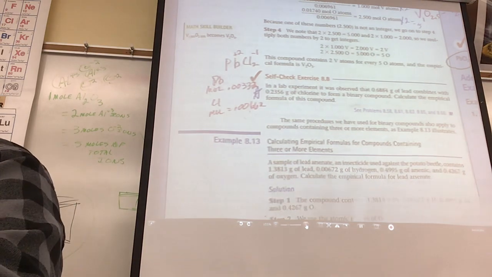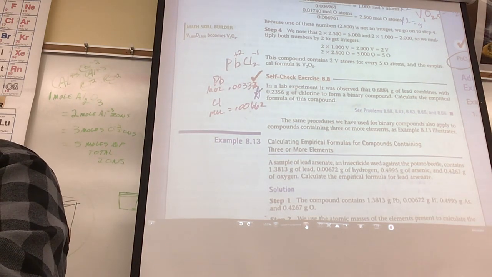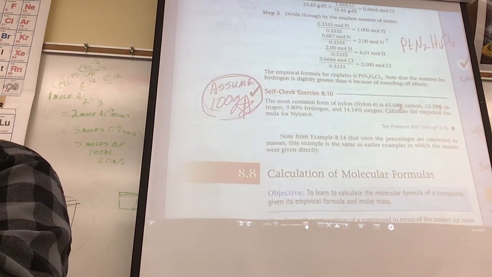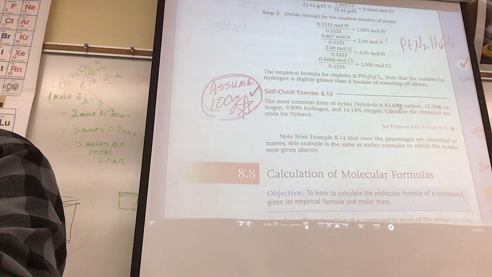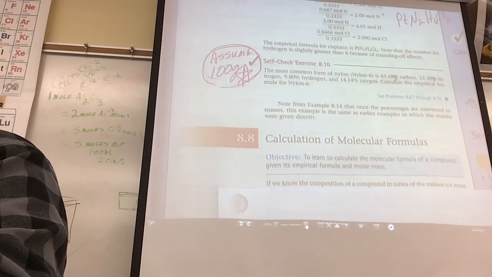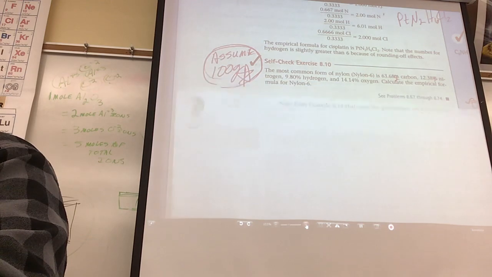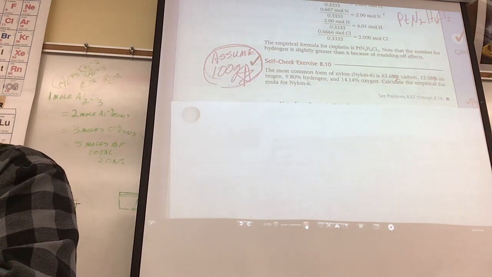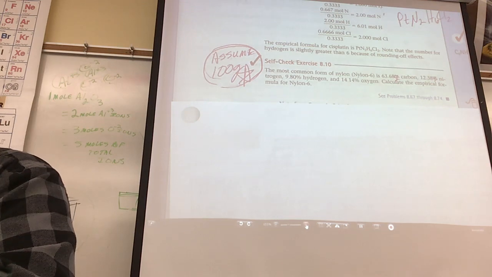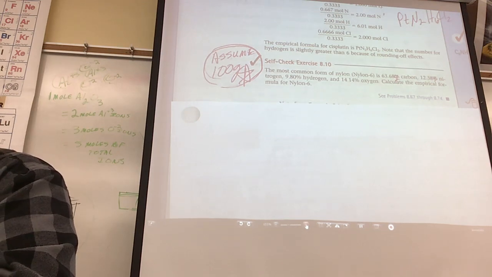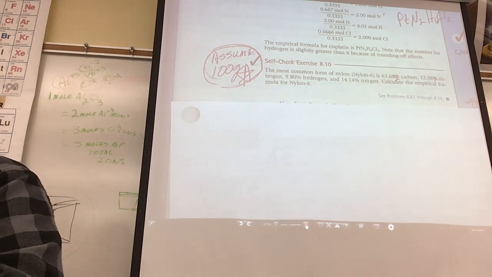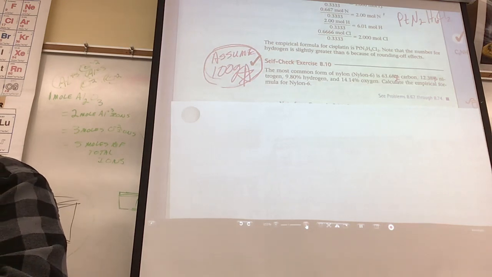All right, so I'm going to show you a problem you've never seen before. I'm on page 227. Okay, now, this was kind of neat. And I wish somebody would have taught this to me a long time ago. But it says here the most common form of nylon is nylon 6. And it's 63.68% carbon.